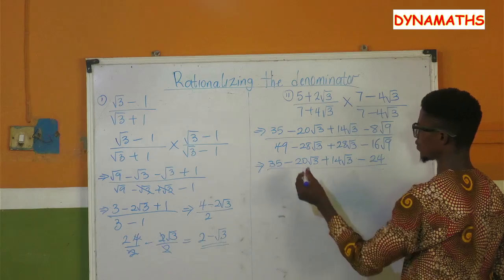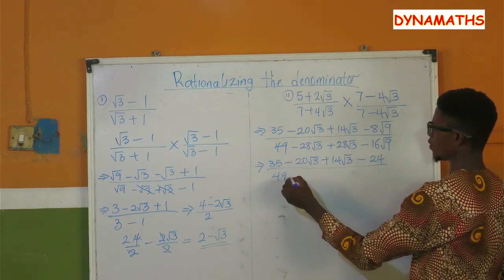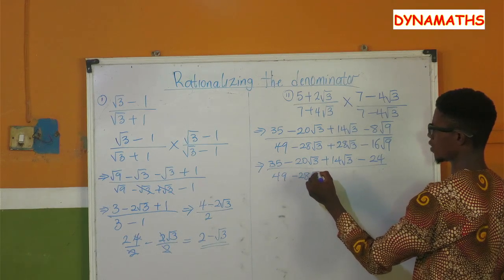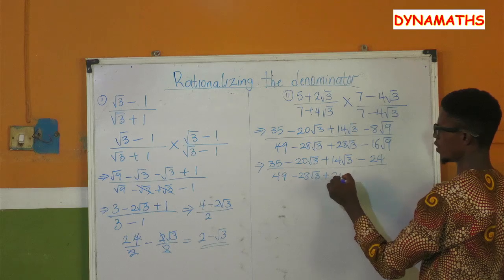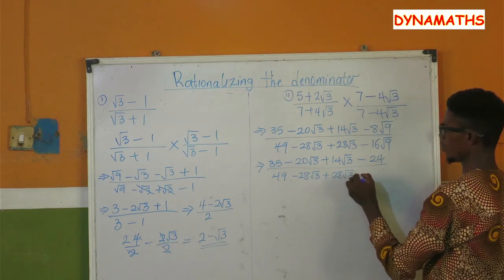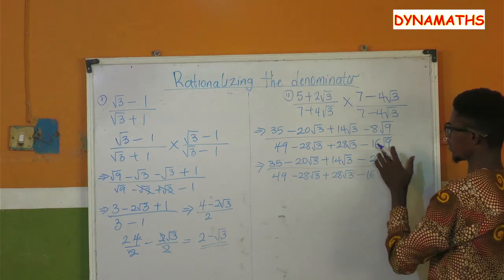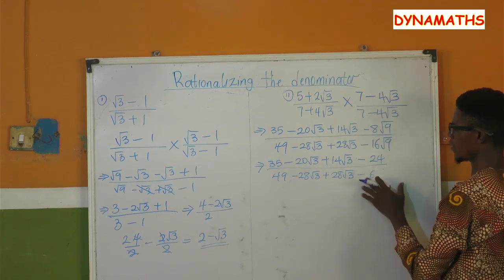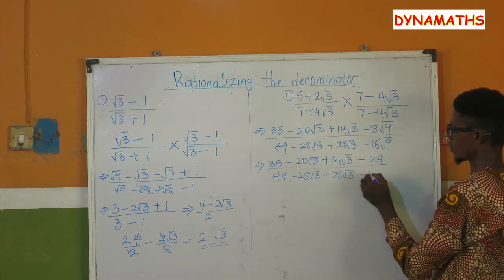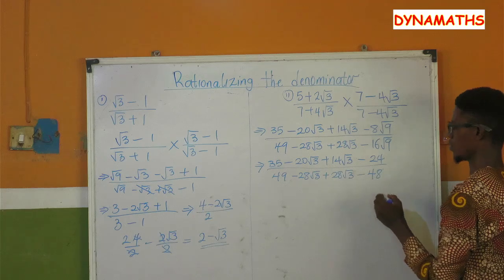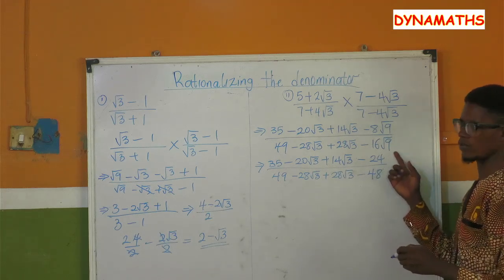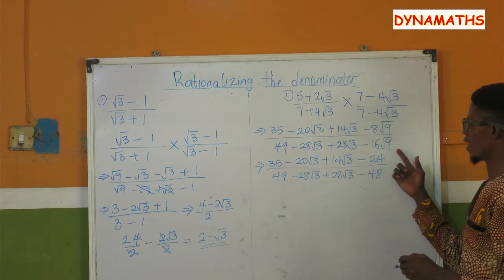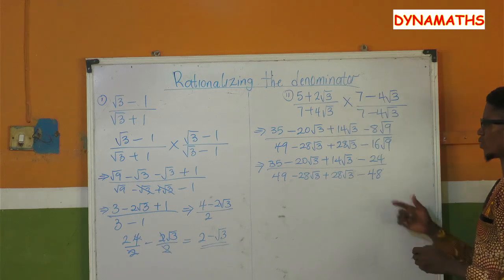All over 49 minus 28 root 3 plus 28 root 3 minus 16. The perfect square root here is 3. So 16 times 3 will give us 48.